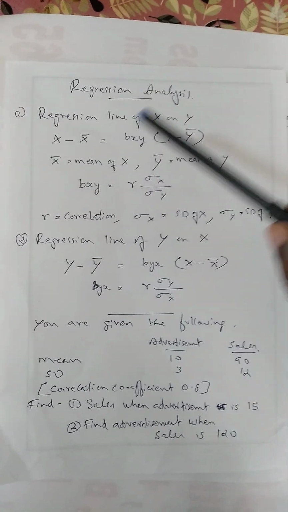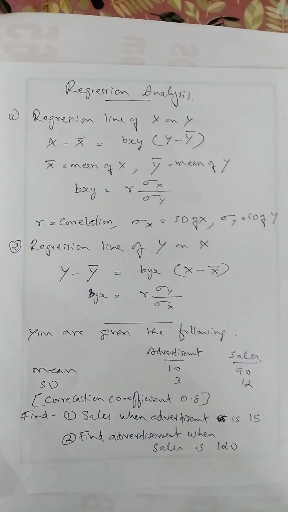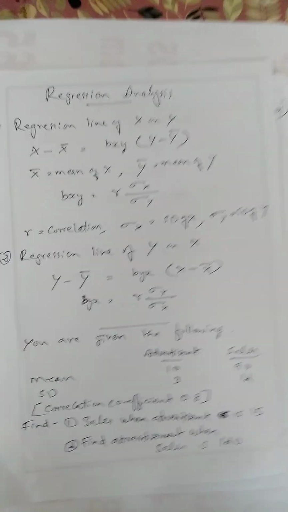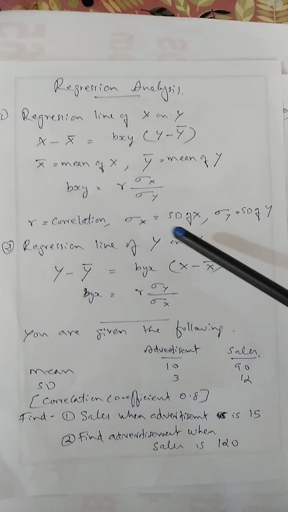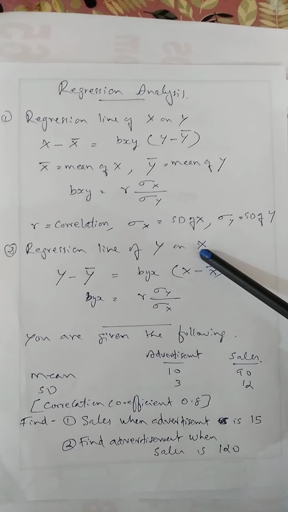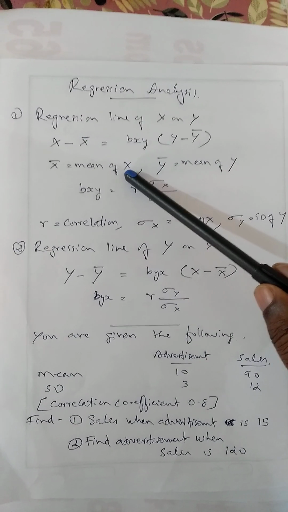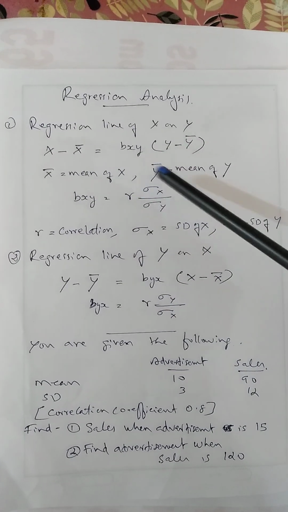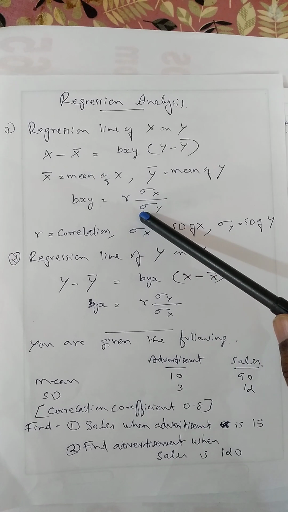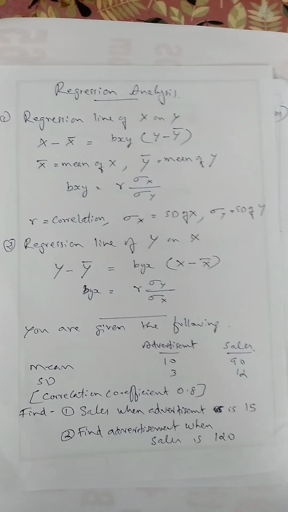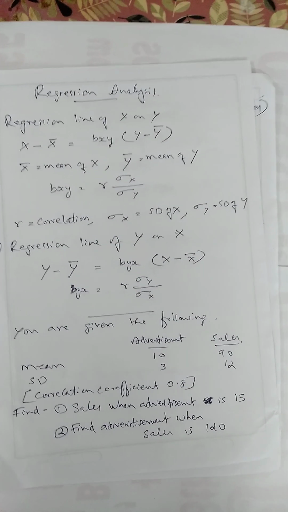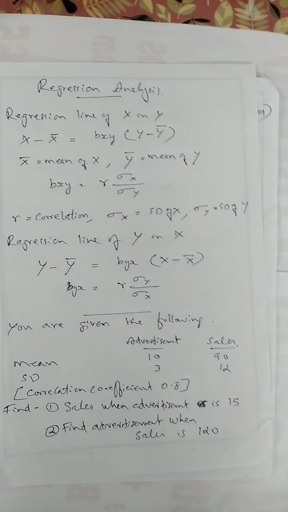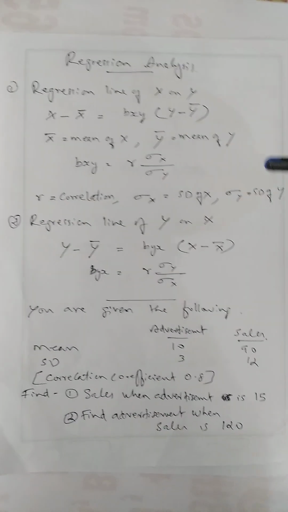Okay, so this is the alternative formula to find a regression analysis, and we calculate here the regression equation on the basis of mean, standard deviation and correlation. When such items are only given in the question, then you can find a regression equation by using this formula.